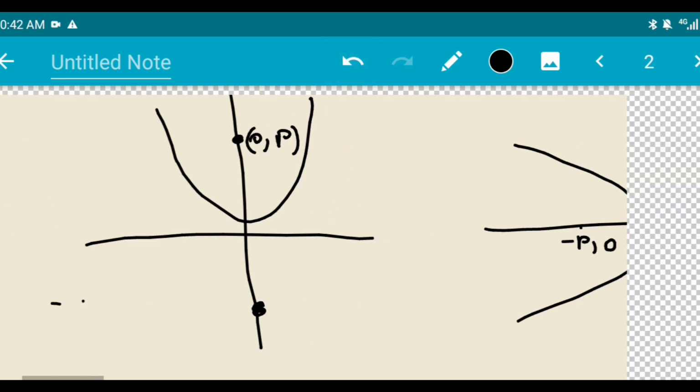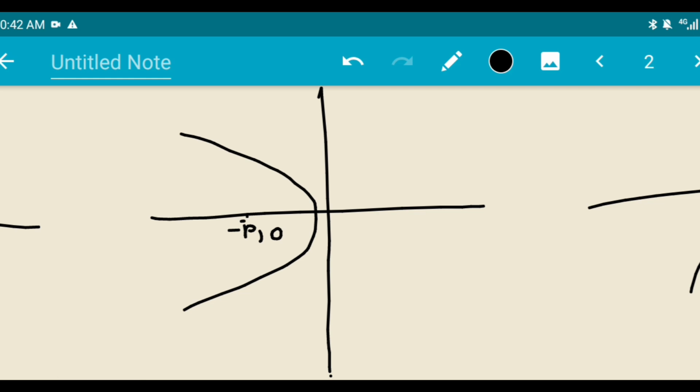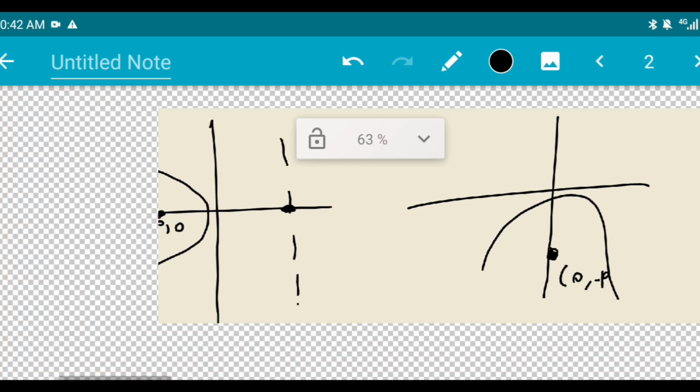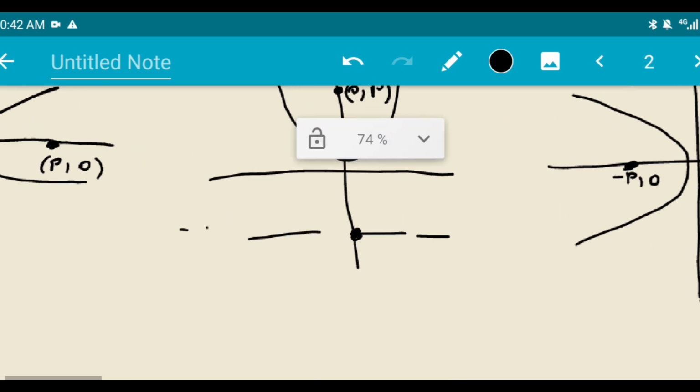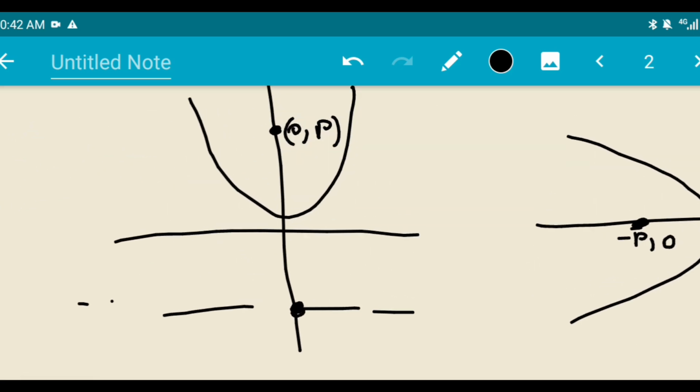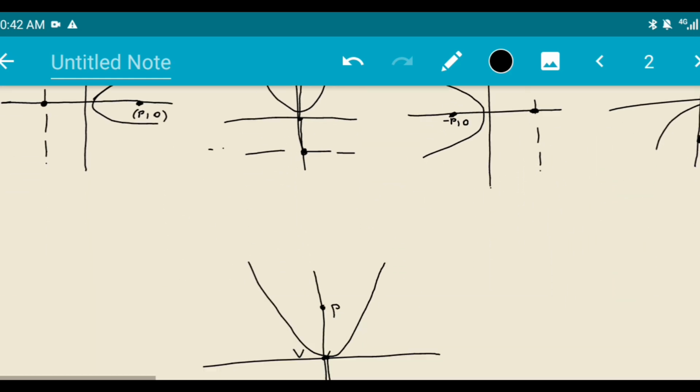In a similar way, this here is the foci, this here is the directrix. In a similar way, I believe you get the idea. So the distance from here to here is the same as the distance from here to here. Okay, then and one more thing.